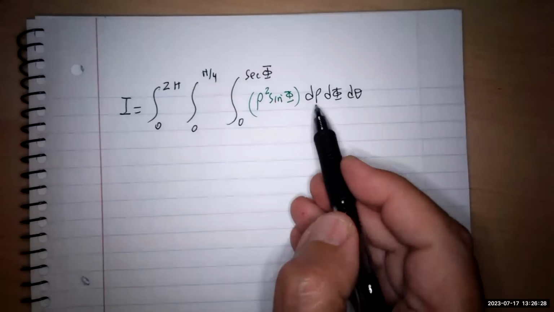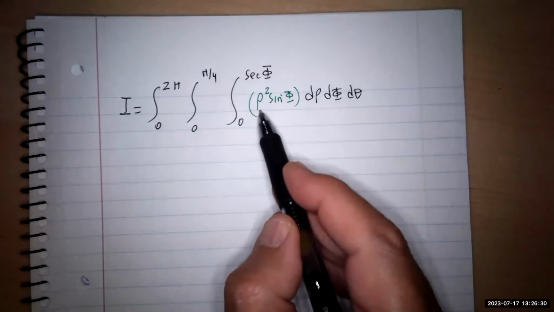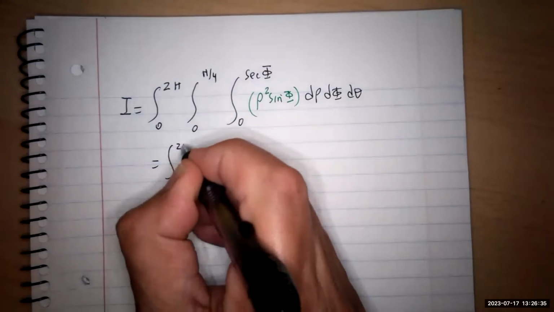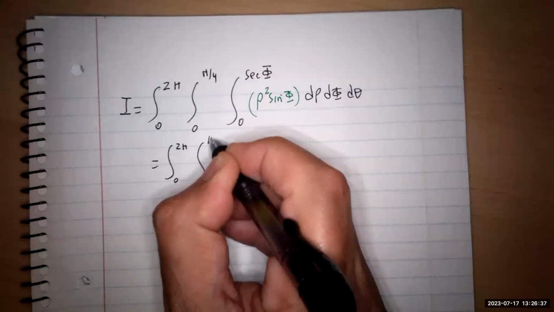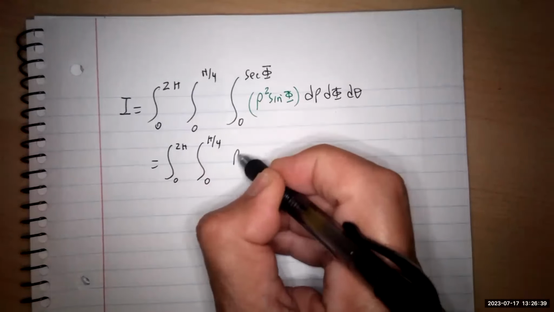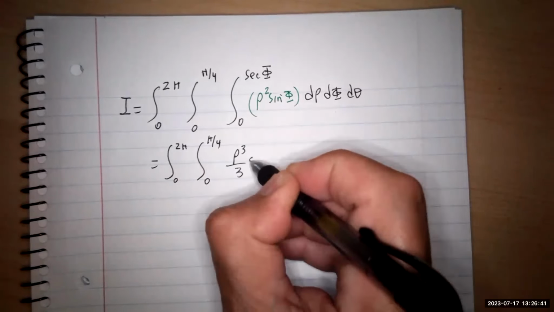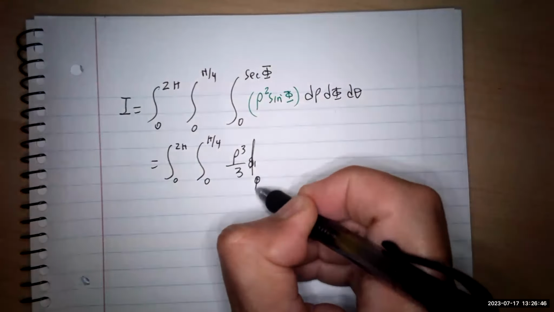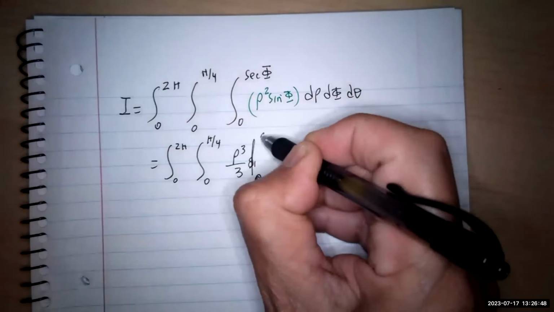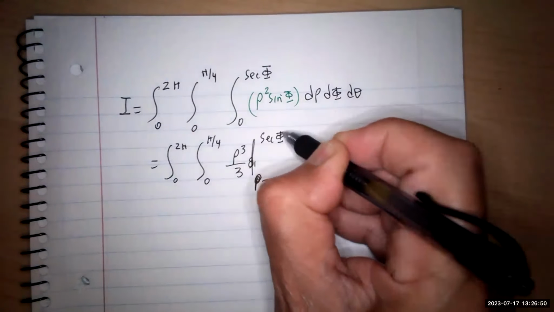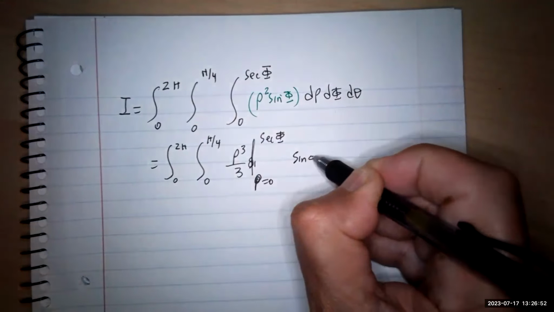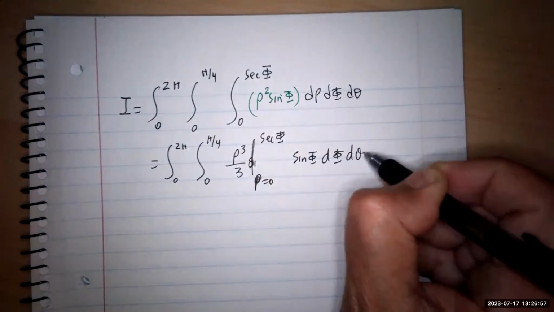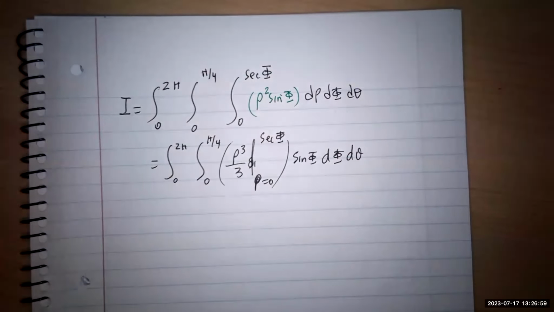With respect to rho, it's easy. It's rho squared, make it cubed. So 0 to 2 pi, 0 to pi over 4, it's going to be rho cubed over 3, going from rho equal to 0 to secant of phi. When you're done, you multiply by the sine of phi, and then you integrate with respect to phi and theta.